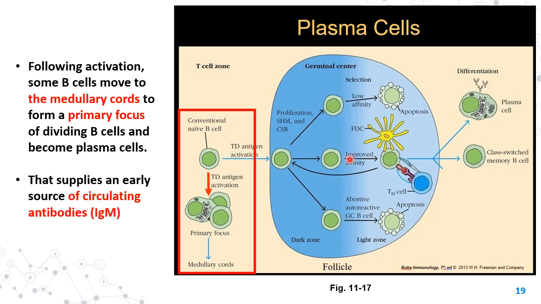Okay? All right. And if it happens that you produce a version of a B cell receptor that becomes autoreactive, then you're also going to kill that cell, okay? Because you don't want autoreactive B cells to develop out of there.